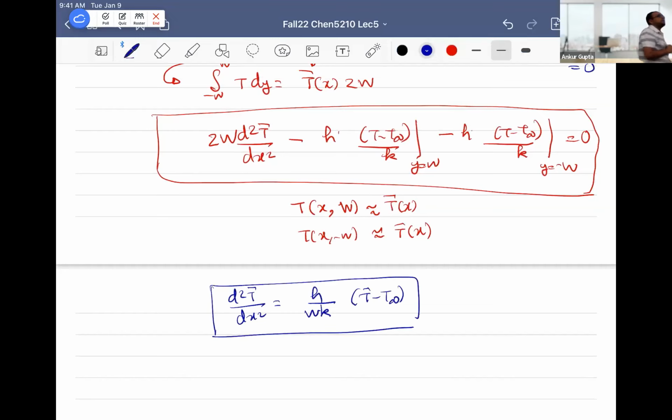This is the final governing equation, which is reduced from two-dimensional. That is T bar, and we have gone from 2D study to 1D study. I'll discuss the boundary condition in a second, but this is essentially the whole point.